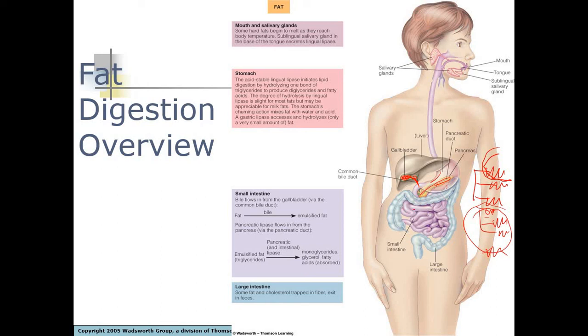So ma-mix niya ang fat into the kanang GI juices, di ba? Which contains the enzyme. So mo-flow na din na ang pancreatic lipase. So gikan sa pancreas, mo-flow din ang pancreatic lipase.